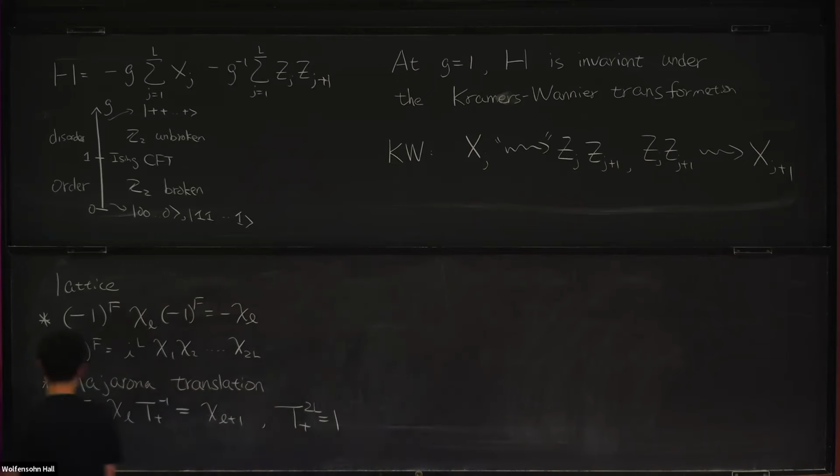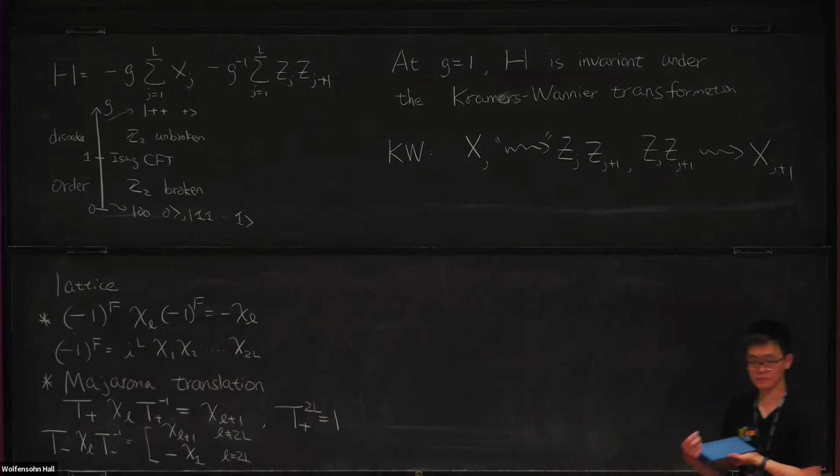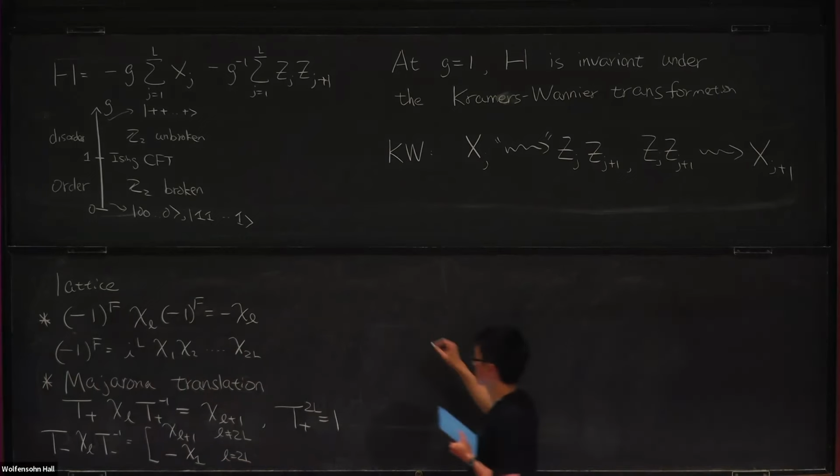Let me write it here, T_-. It's chi_{j+1} for most of the sites, but for one site you flip the sign. And that will still commute with the Hamiltonian. Okay, so these are the symmetries we have on the lattice.